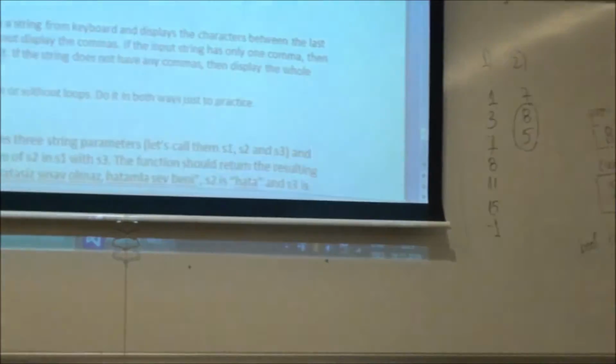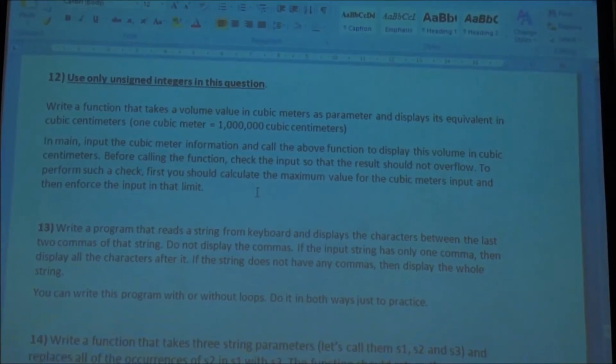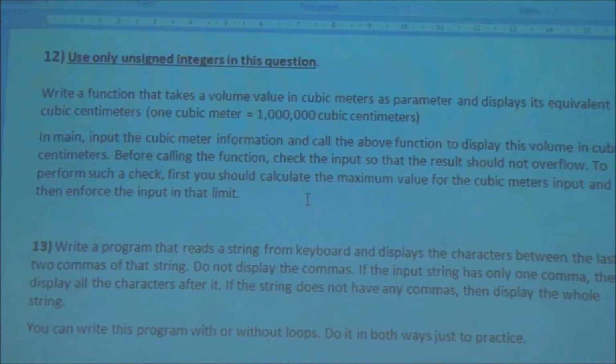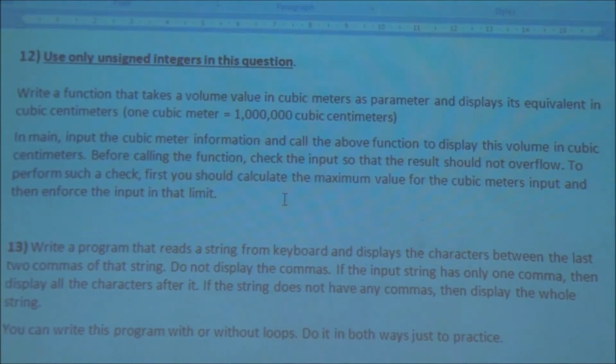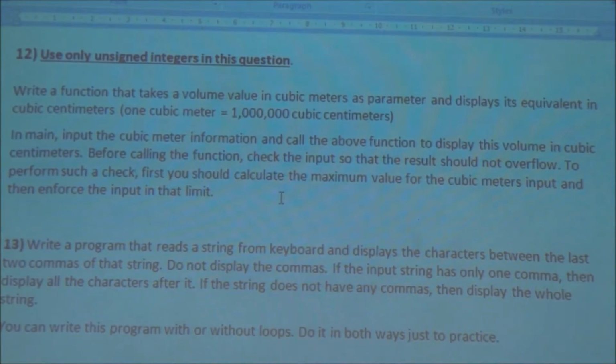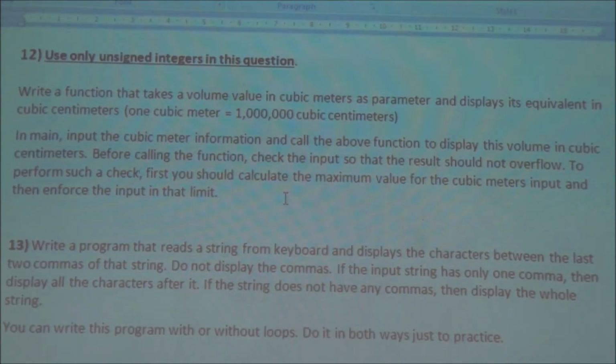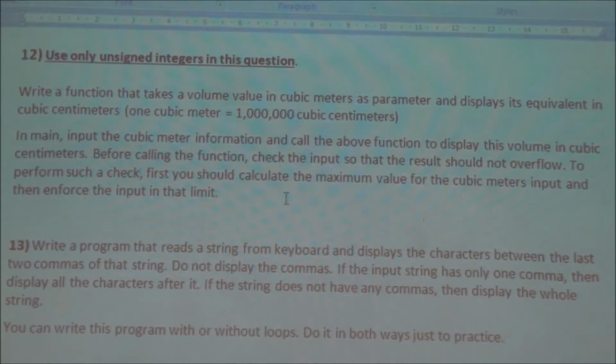Okay? But there is a problem. And what was the problem? Overflow. Yeah. You might give a number that is too big to represent with an integer, in our case, an unsigned integer.